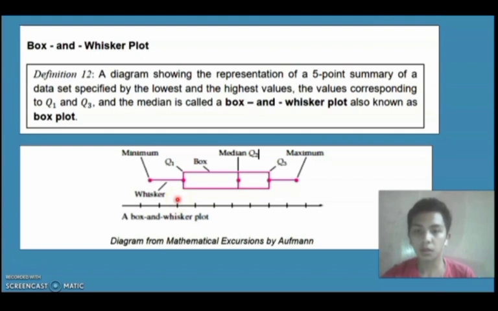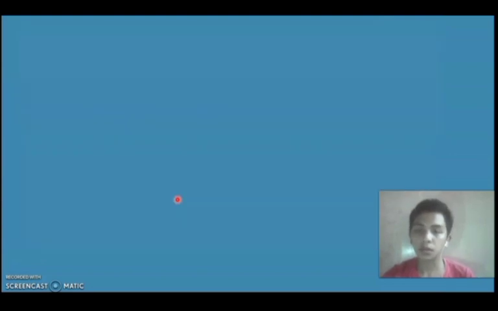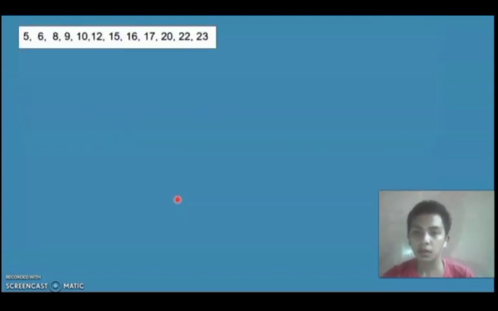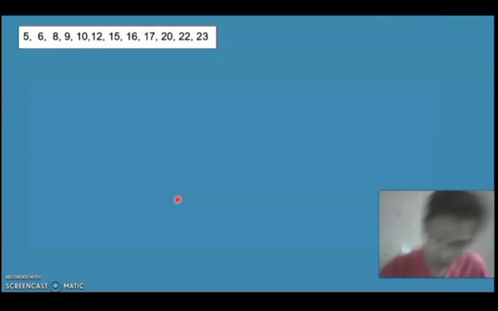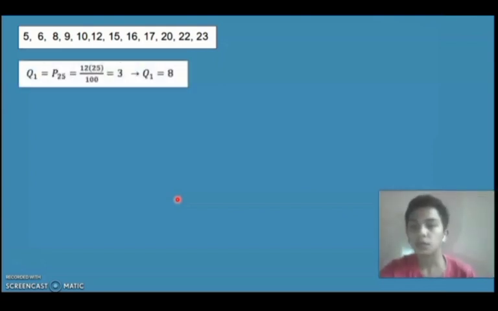Next, let's make a box and whisker plot. First, we should arrange the dataset. This is just a sample dataset. First, we will get quartile 1 or the P25, and the answer is 8, which is the third from the lowest.